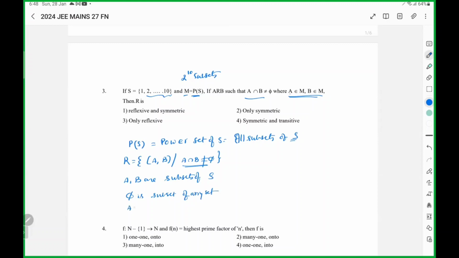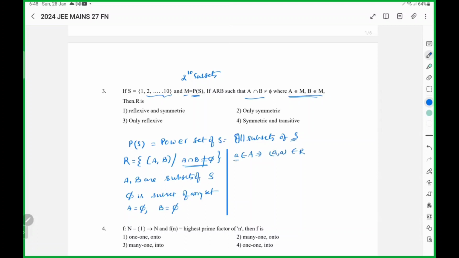If you define A as phi, and B also as phi, you know the reflexive relation definition: if A is some element, then (A, A) must be there in the relation.